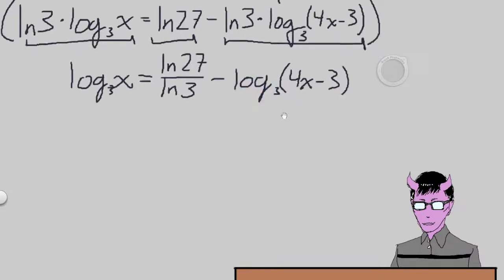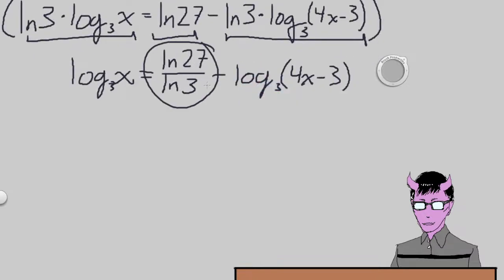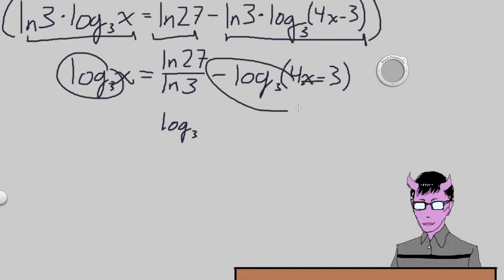There we go. So again, ripe candidate for change of base. The 3 is on the bottom, so it will become the base 3. Why is that nice? Because it matches the other two bases. Log base 3 of 27. Again, just change of base rule.